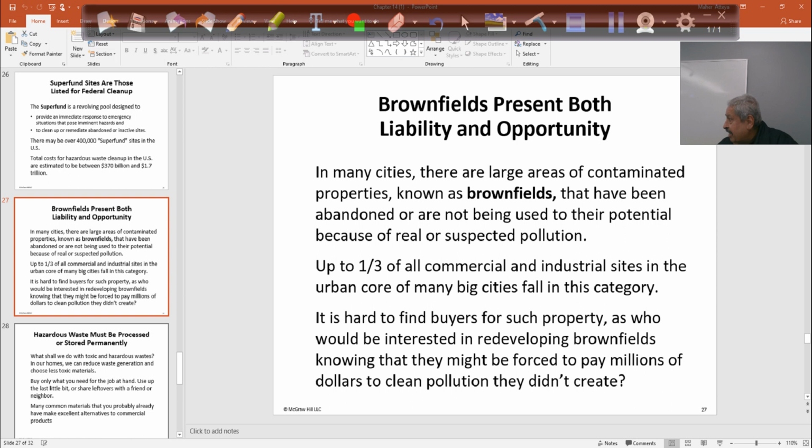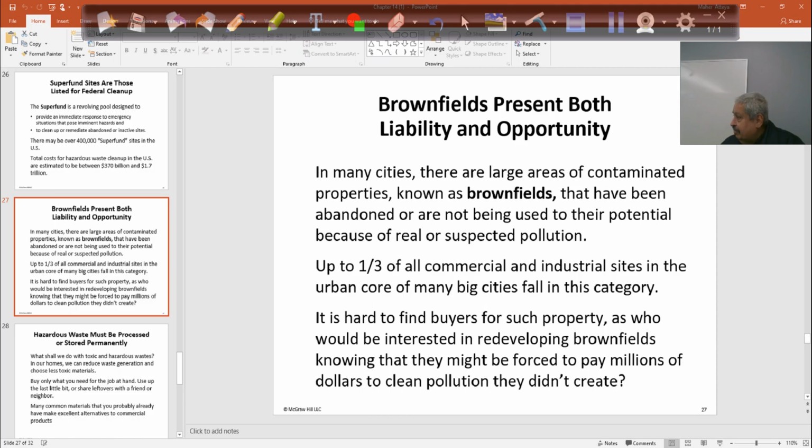And the cities do not have that many resources to clean up those brownfields or those sites. So it's hard to find buyers for such properties, as who would be interested in redeveloping brownfields, knowing that they might be forced to pay millions of dollars to clean up pollution they did not create. As I said, that's not my mess. It's somebody else's mess.